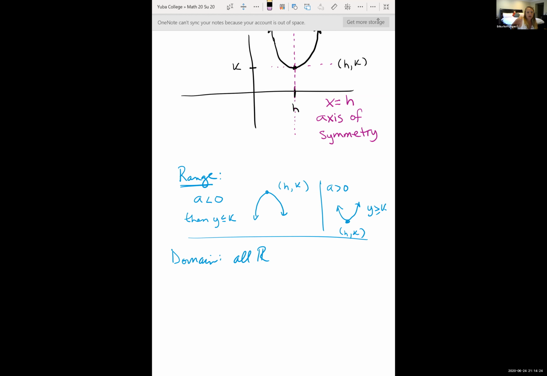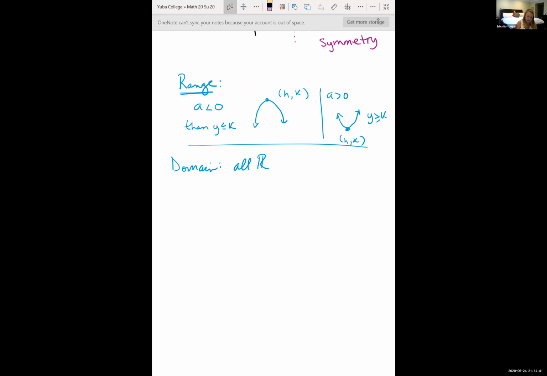So sometimes locating where the vertex is really helpful when you're going to graph this. The reason is because graphing, a lot of times we want to find the intercepts, but sometimes your parabola doesn't cross the x-axis, or later on we'll see when they're sideways, sometimes they don't cross the y-axis.